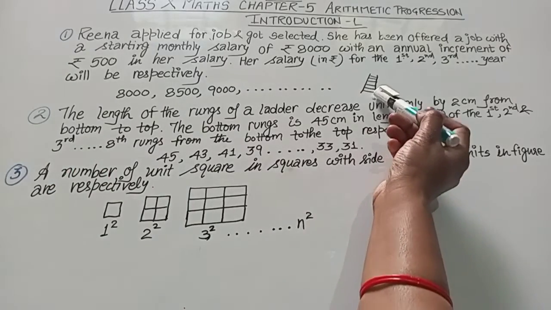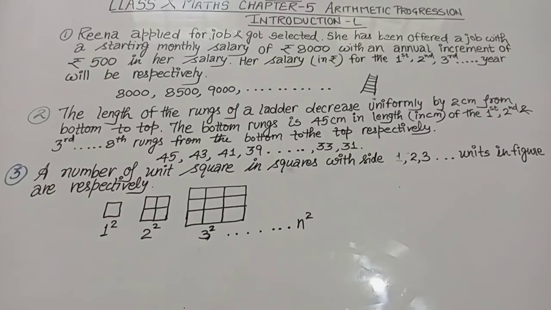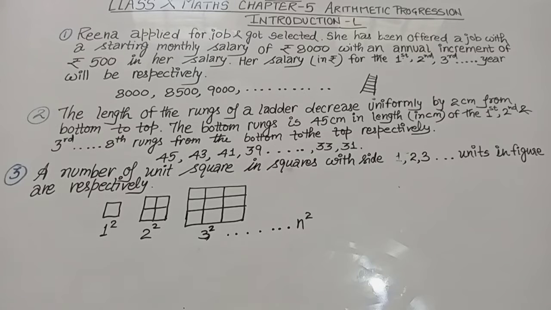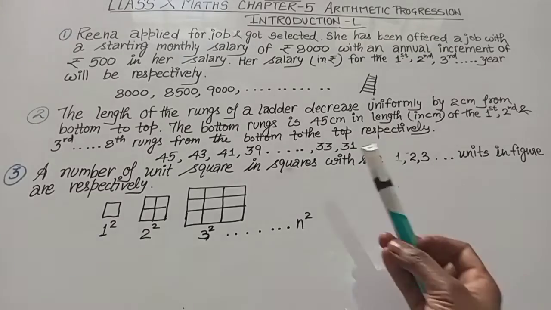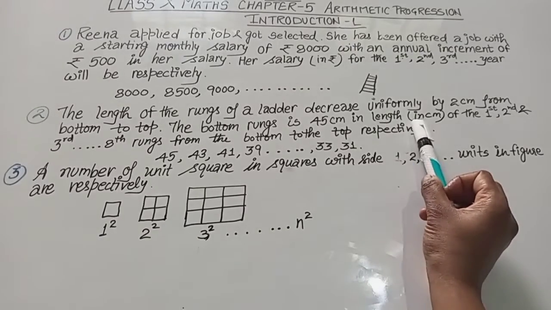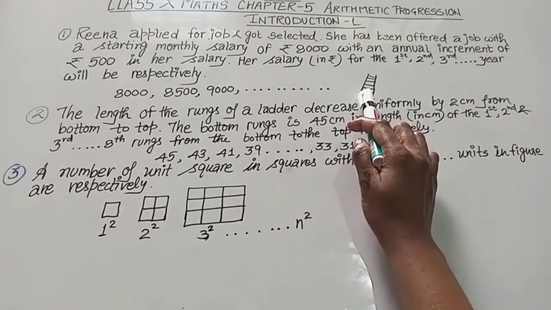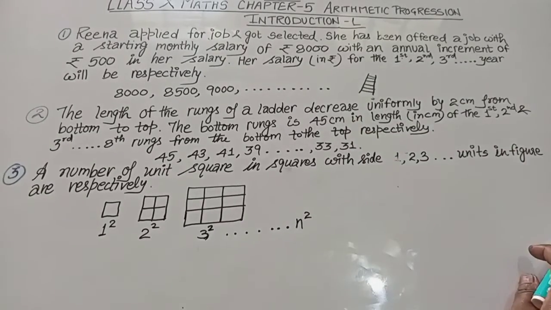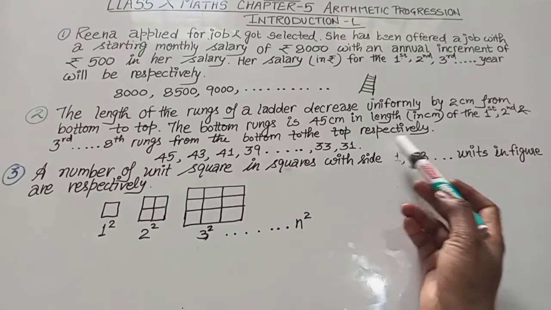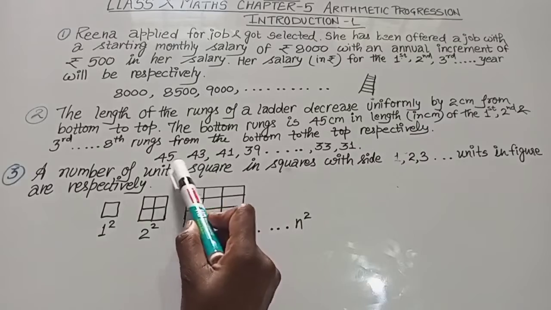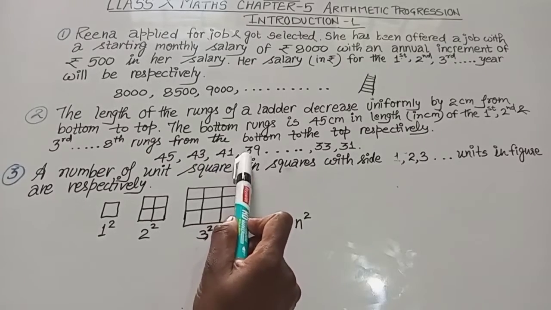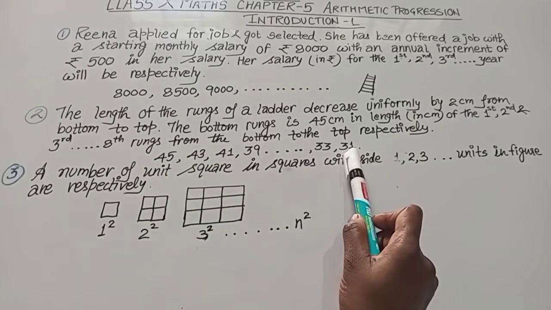If the bottom rung is 45 centimeters in length, then the second, third, and so on up to the eighth rung from the bottom to the top are respectively 45, 43, 41, 39, 37, 35, 33 and 31.